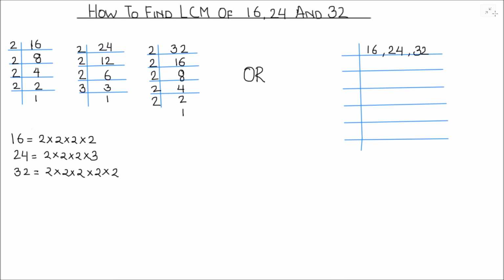So after writing the numbers as the product of their factors, we are going to find the common factors in between the numbers. If there are any common factors, we are going to write the common factors only once.